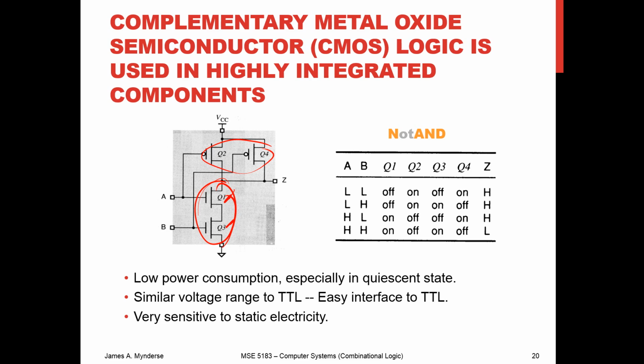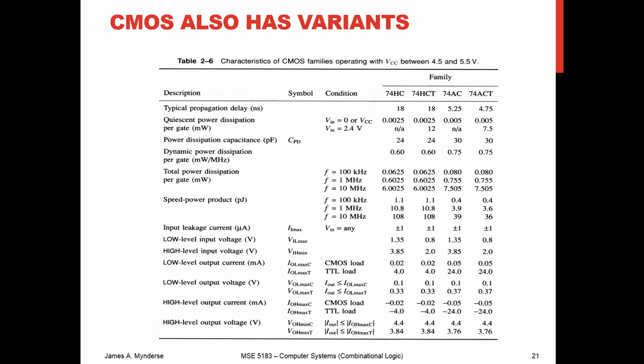Why are these good? Well, they use relatively low power. They've got a similar voltage range to TTL, so you can interface them, and they are very sensitive to static electricity. Remember, the power used in these is going to be in the switching, not when they're sitting there at idle. If you want to interface CMOS and TTL logic, you got to make sure that you've got the right variants hooked up.